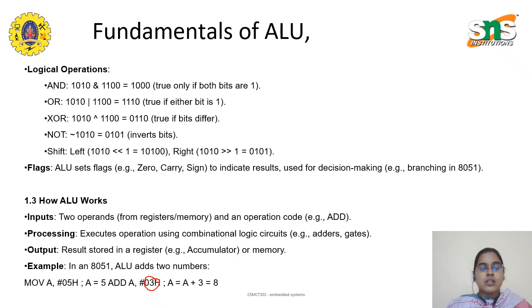Initially I had the value 5 in the A register, and now I add the new value 3 to it. So the initial value 5 is added with the second value 3 and the output is 8. Here the major instructions used are MOV and ADD.